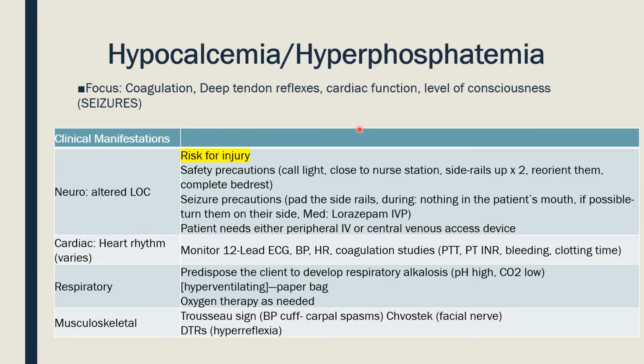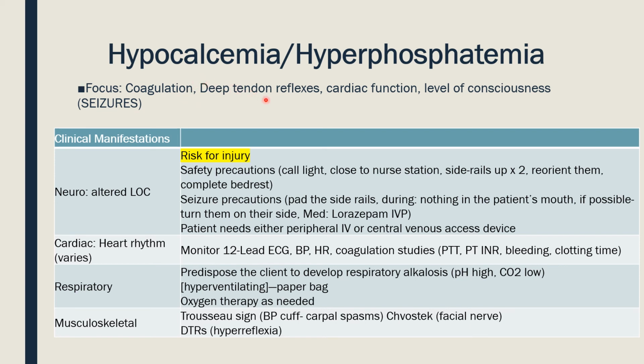Now let's look at hypocalcemia and hyperphosphatemia. As you can see here, if your patient has this, your focus is more on coagulation, because calcium has a very important function in blood clotting.